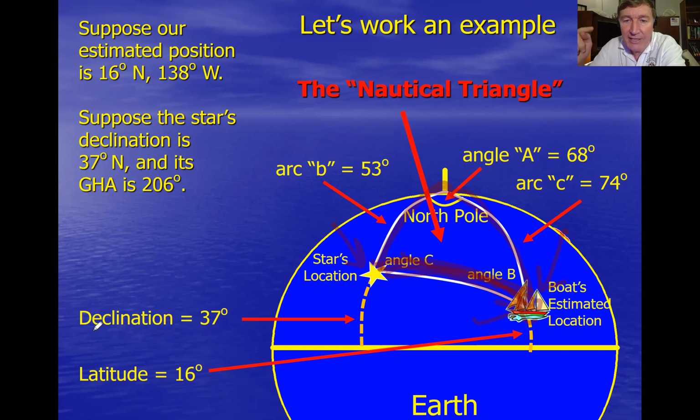That number tells us the real true distance from the star to where we really truly are. So that allows us to draw a circle here. Okay, so we know that we are somewhere on this circle.